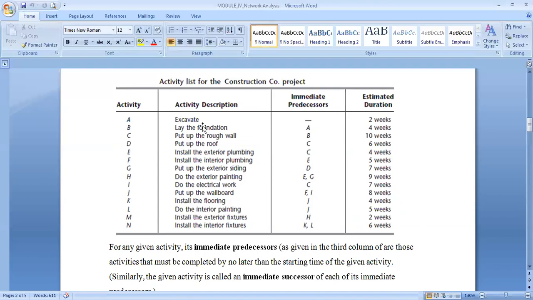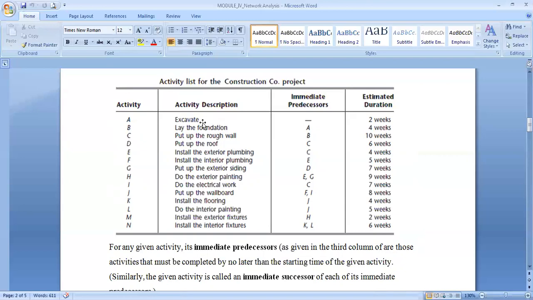The excavation is the first and foremost activity which is done when the construction of a building starts. Excavation means, as everybody knows, digging the land, from where the foundation work starts. This excavation is the first and foremost, so there is no activity which precedes that activity.